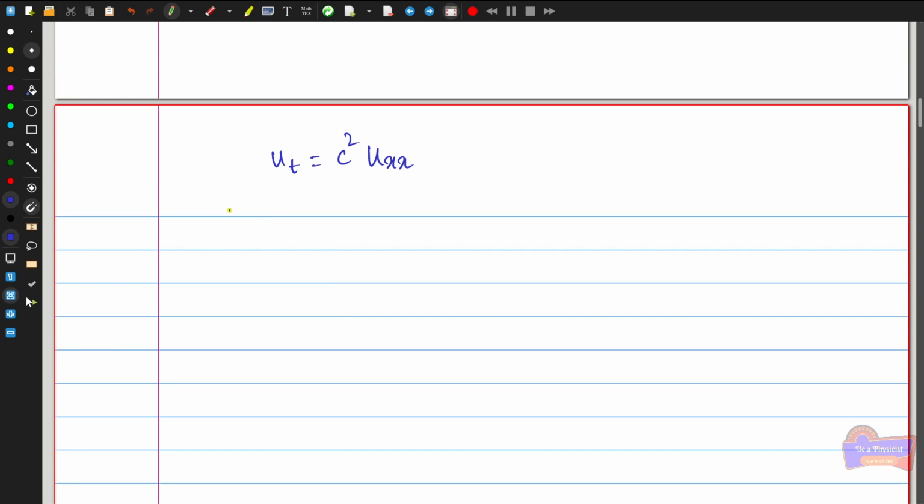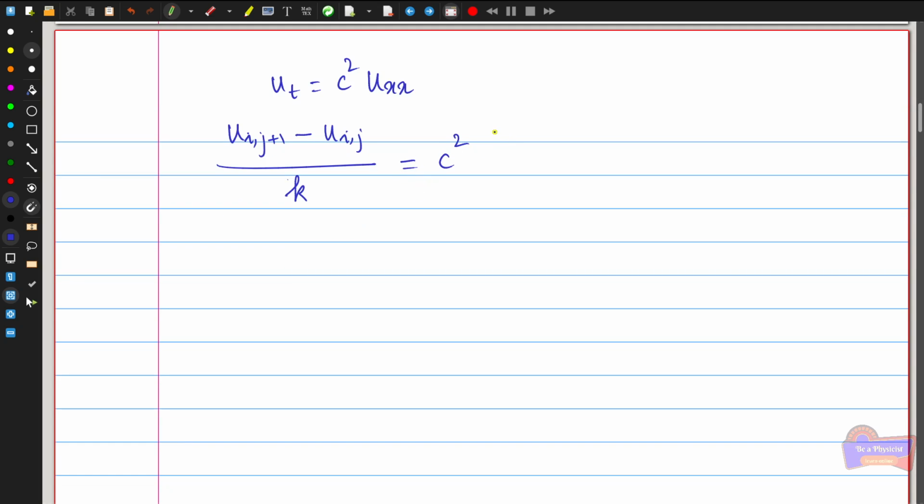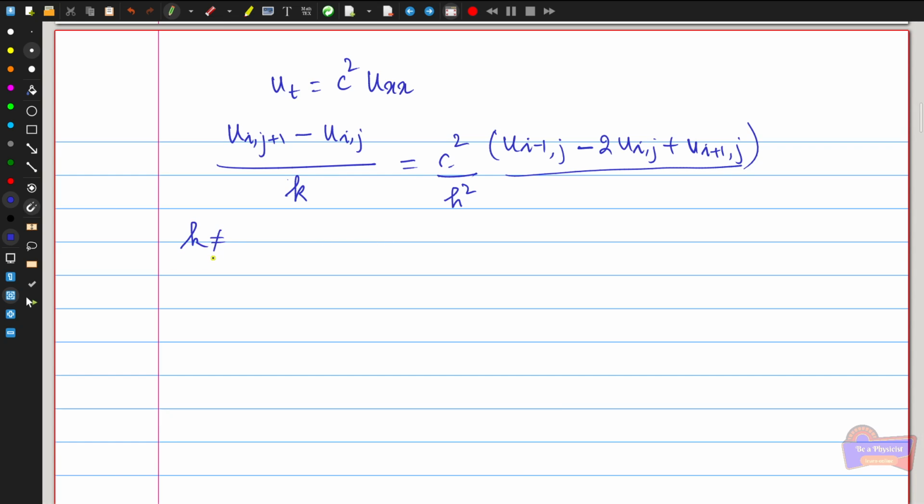So I can substitute: u of i comma j plus 1 minus u of i comma j divided by k equals c squared into u of i minus 1 comma j minus 2 times u of i comma j plus u of i plus 1 comma j divided by h squared. Since k is not equal to h, we always have a rectangular type of mesh.